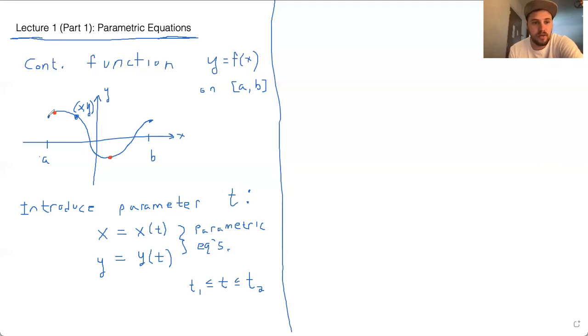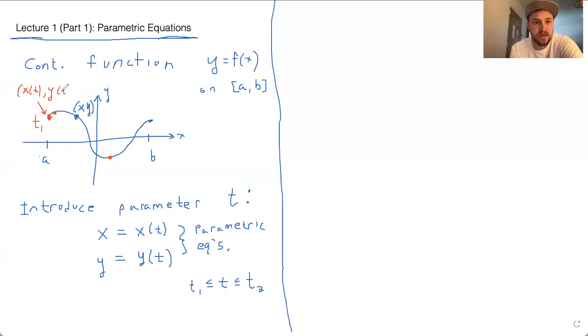So we're starting at t1. Say this is time t1, and this point, if you'd like to think of it again in rectangular coordinates, would be the point x of t1, y of t1.